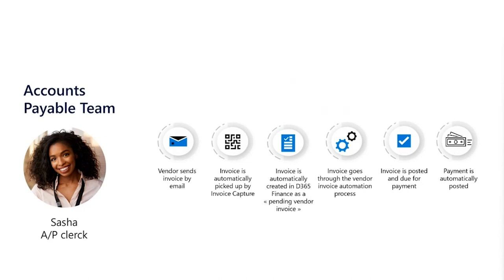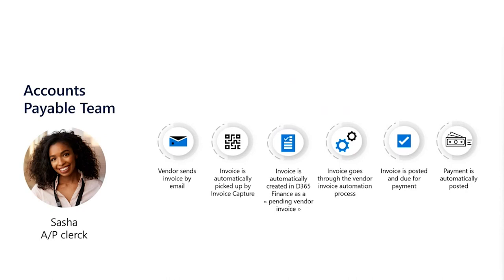So the typical flow we see in the market is, vendor sends invoice by email. The invoice is automatically getting picked up by Invoice Capture and is transferring that invoice automatically, in best case with no touch, into Dynamics 365 Finance as pending invoice.